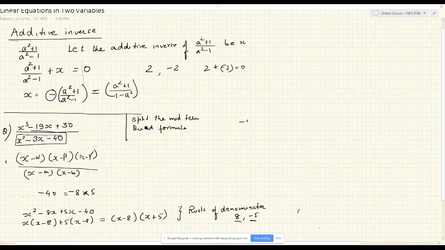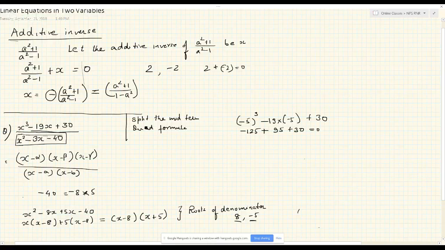It will give you minus 5 cube minus 19 into minus 5, and this will be plus 30, isn't it? So do you think it is going to be 0? Let's check. Minus 5 cube is minus 125, and 19 fives are 95, so minus 19 times minus 5 is plus 95, and this is plus 30. Perfect. So it is coming out to be 0.